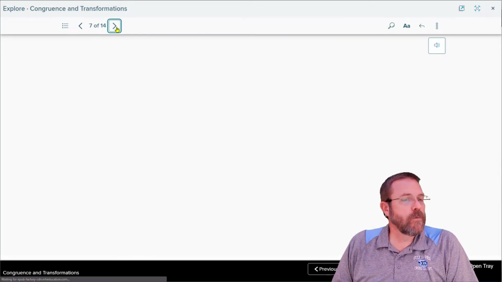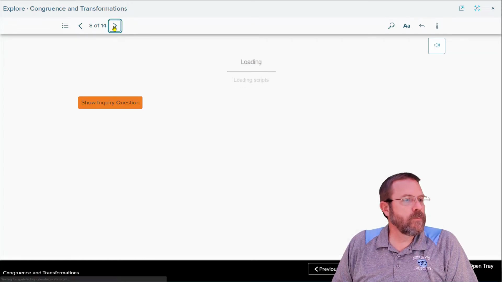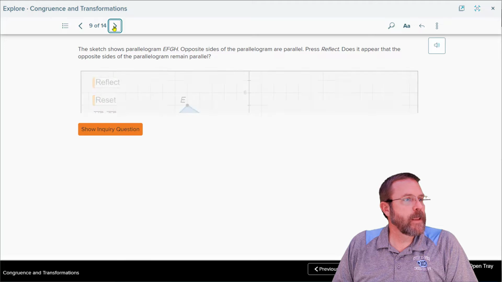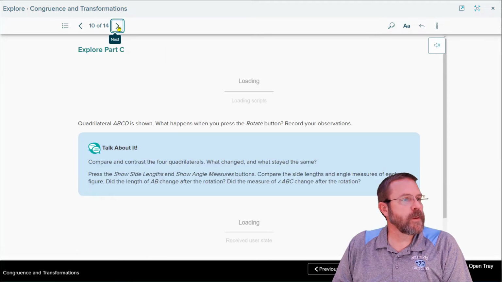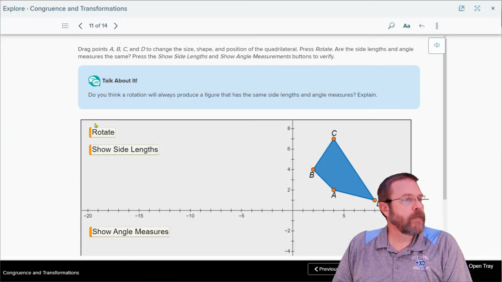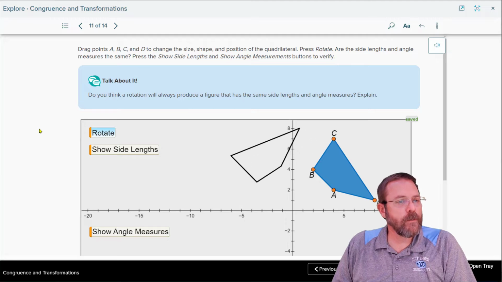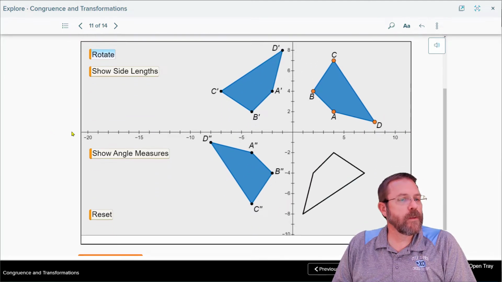Let's take a look at another one here. For this one, now let's do something different. We've already looked at that one, and we've done reflections already, so we're going to skip that. And here we go. We got to rotate. So we're going to rotate this puppy around. And when you rotate it around, what do you see? Doesn't matter where it ends up.